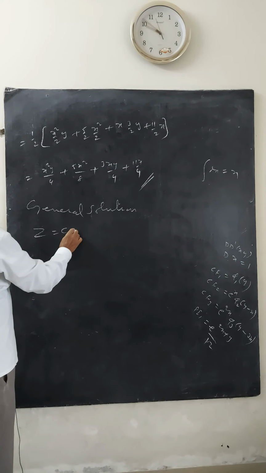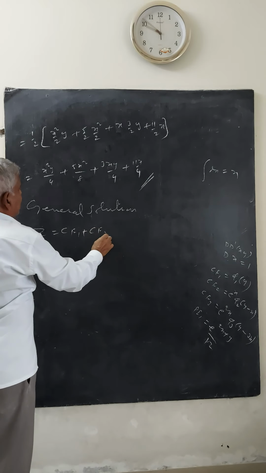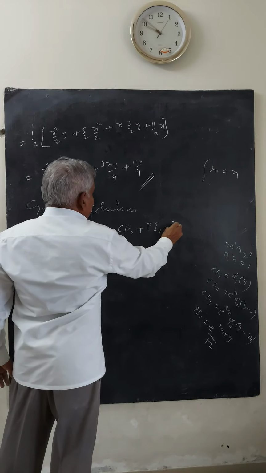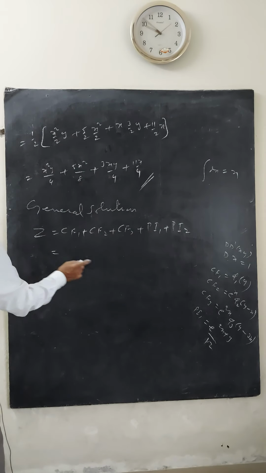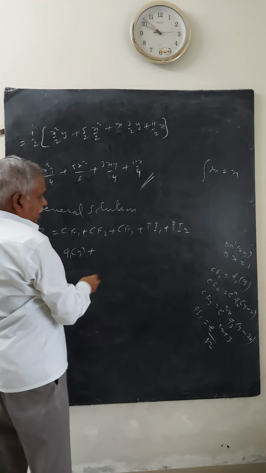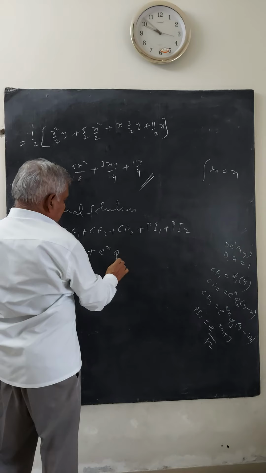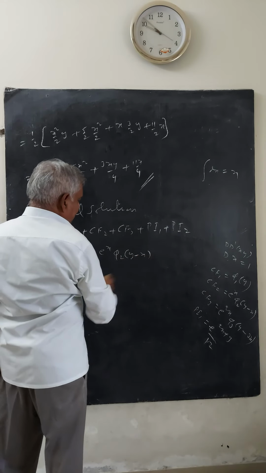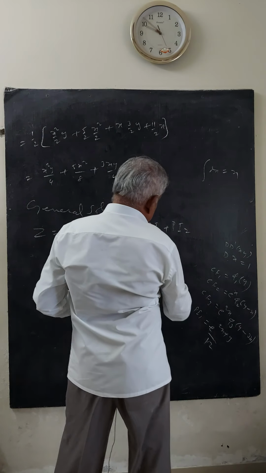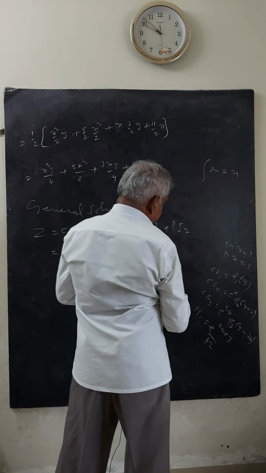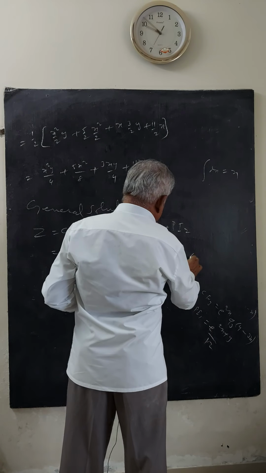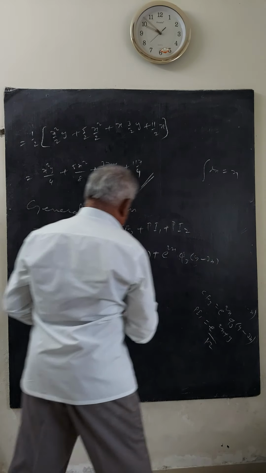Z equal to CF1 plus CF2 plus CF3 plus PI1 plus PI2. CF1 is phi 1 of y. CF2 is e power x phi 2 of y minus x. CF3 is e power 2x phi 3 of y minus 3x.